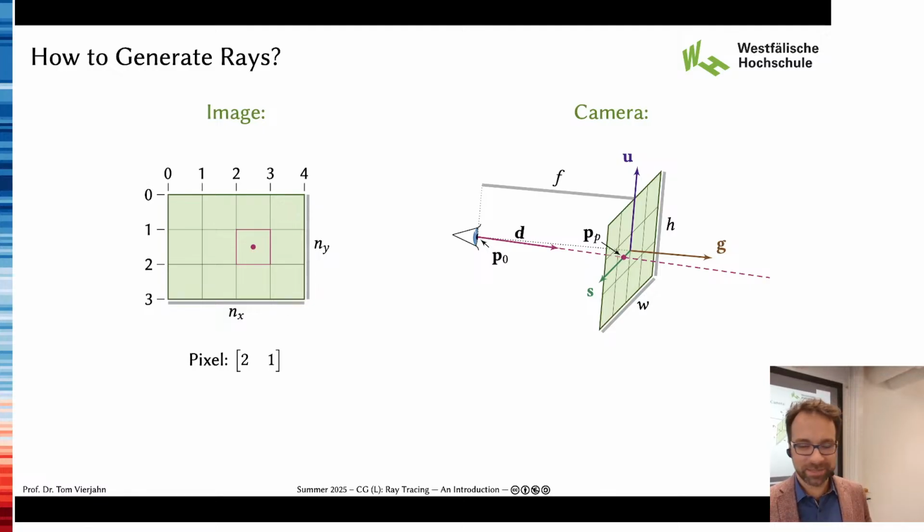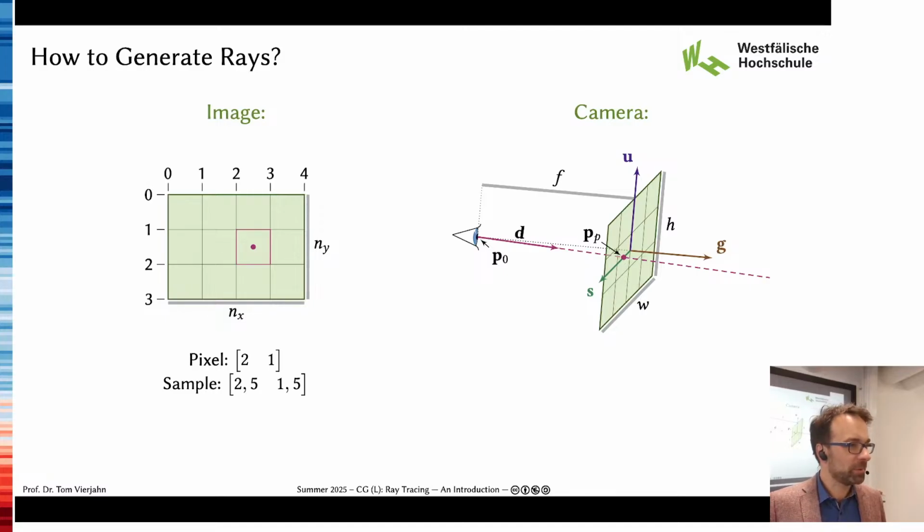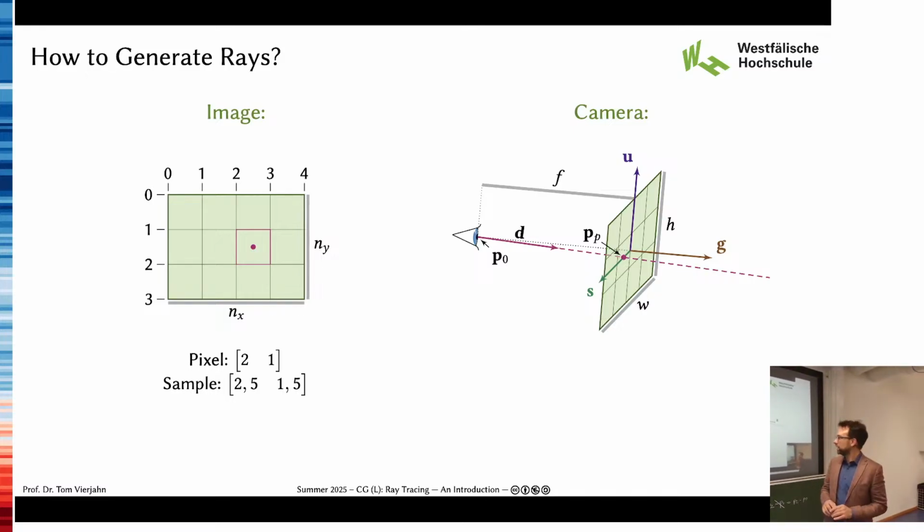Which position do we need to take? It is 2.5, 1.5. We want to look through the center of the pixel. So we're not talking integer pixels anymore.